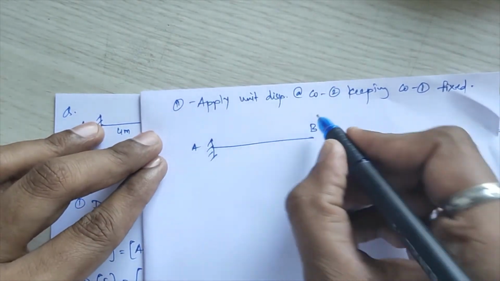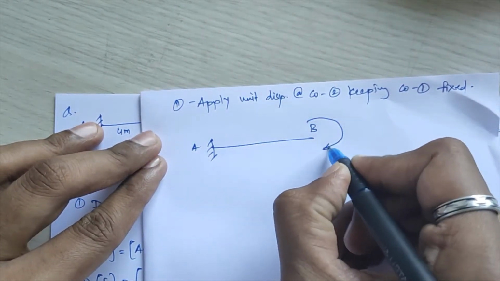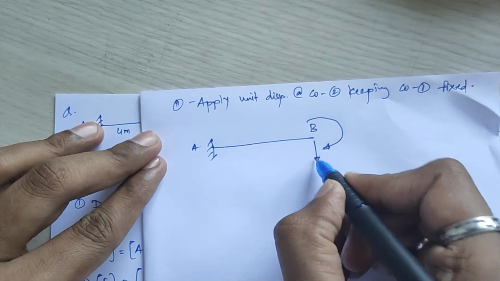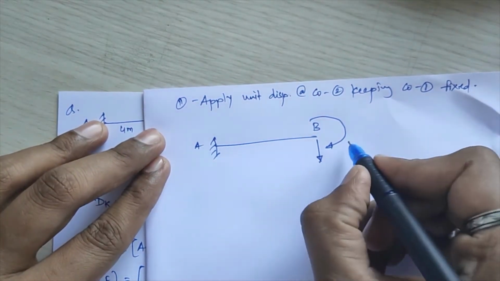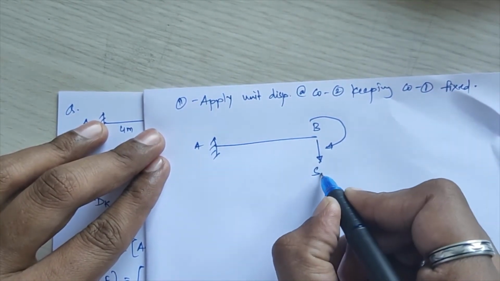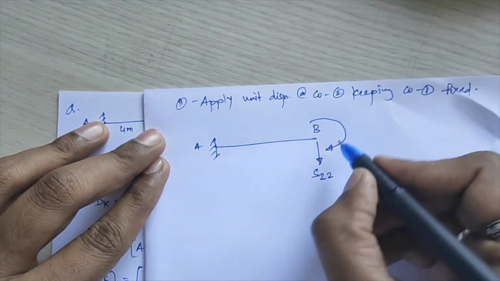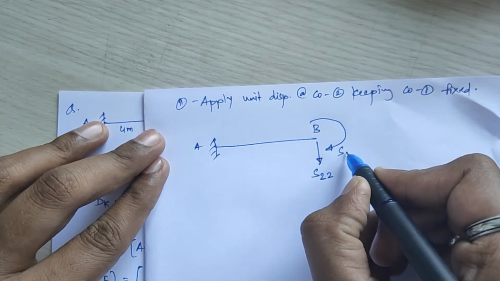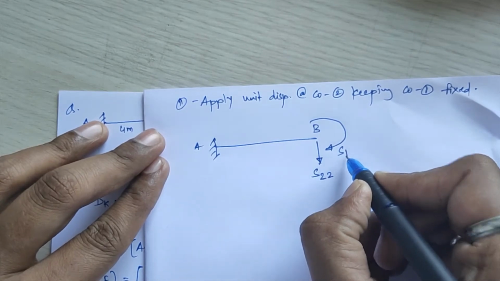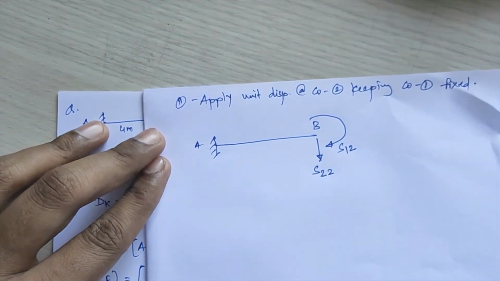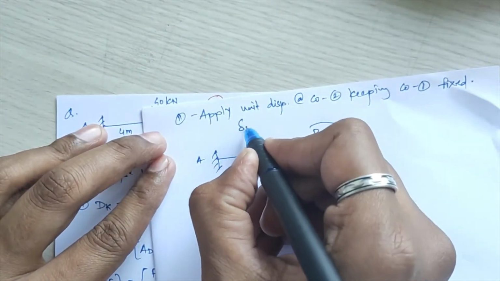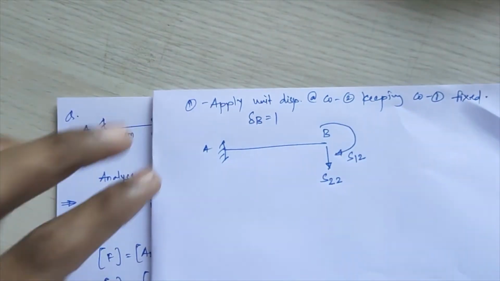Here I will mark my stiffness coefficients: first is the moment and second is the downward acting force. This will become the stiffness for the second coordinate when unit displacement is applied at the second coordinate, and this will become the stiffness for the first coordinate when unit displacement is applied at the second coordinate. Here you have to apply delta B equal to 1.